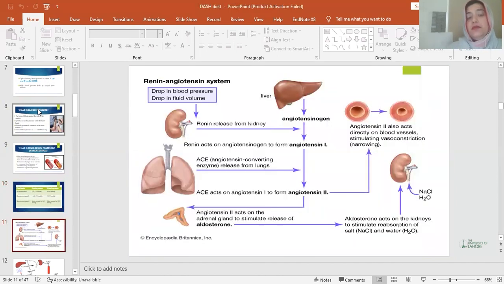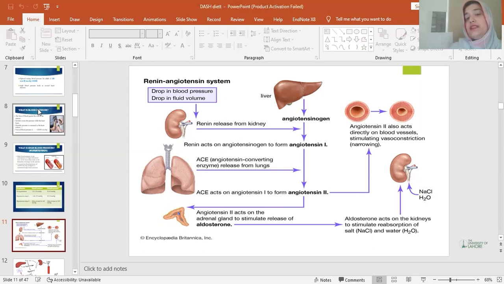This is the mechanism of how different organs are involved in creating hypertension. Organs like the liver, kidneys, lungs, and adrenal gland are involved in raising blood pressure. Angiotensinogen is produced in the liver.